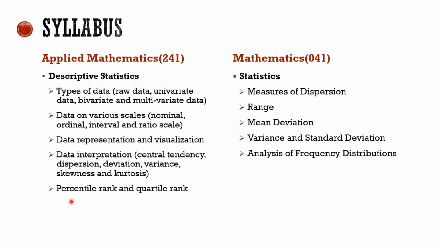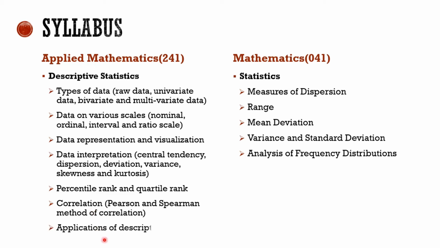But in applied mathematics, percentile rank and quartile rank are also given, and correlation is also part of the syllabus here. Then next, application of descriptive statistics using real-time data is also given here.